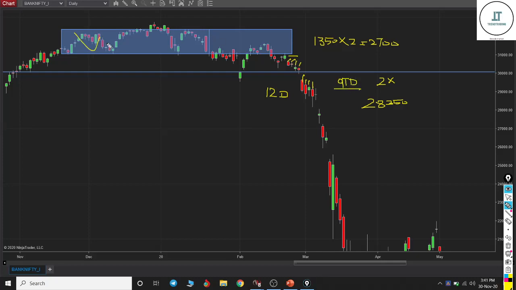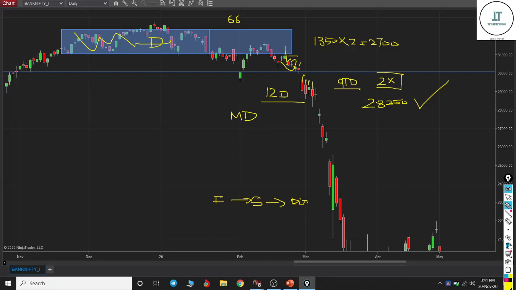So this total span was 2 months and 6 days, that is 66 days, it has taken to form a distribution phase, and in just 12 days the 2x rule, that is 28,350, got triggered. So what I told, accumulation and distribution will be faster, it will be stronger, and it will be mostly in the direction of the breakout. So this is the markdown phase.